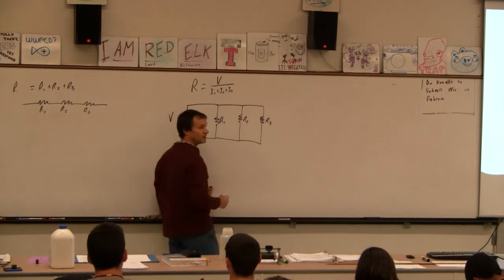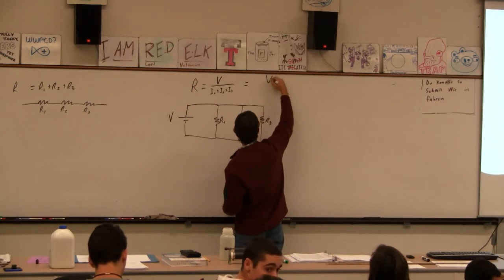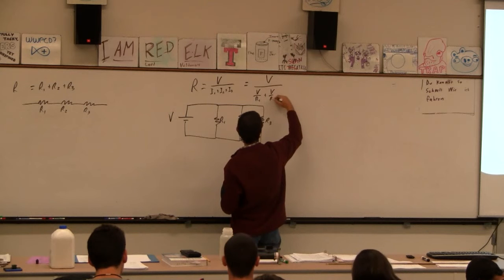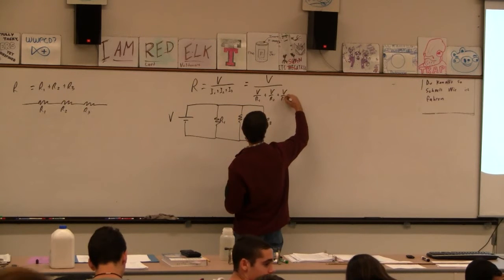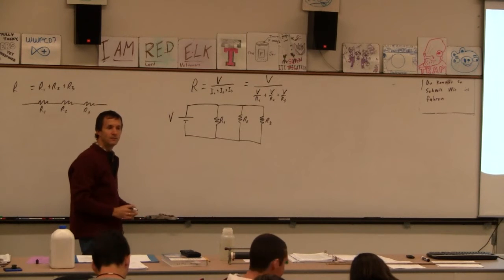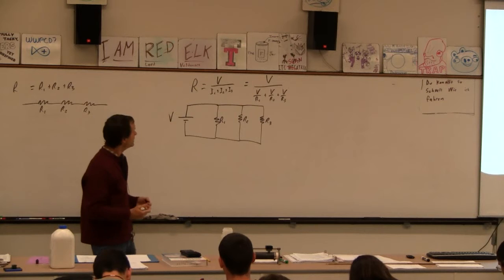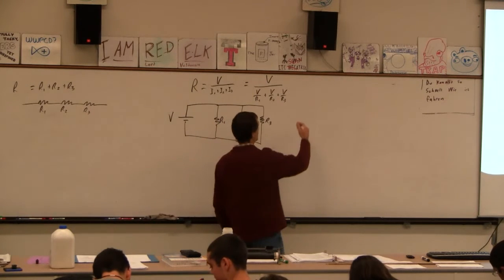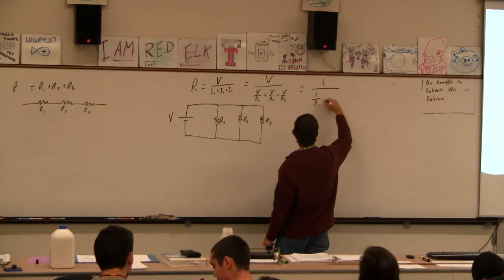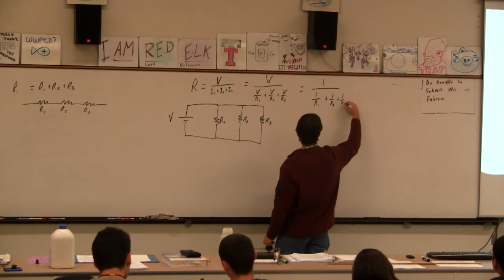That's really that voltage divided by V over R1 plus V over R2 plus V over R3. I can divide the top and bottom by V, and I'll get 1 over R1 plus 1 over R2 plus 1 over R3.